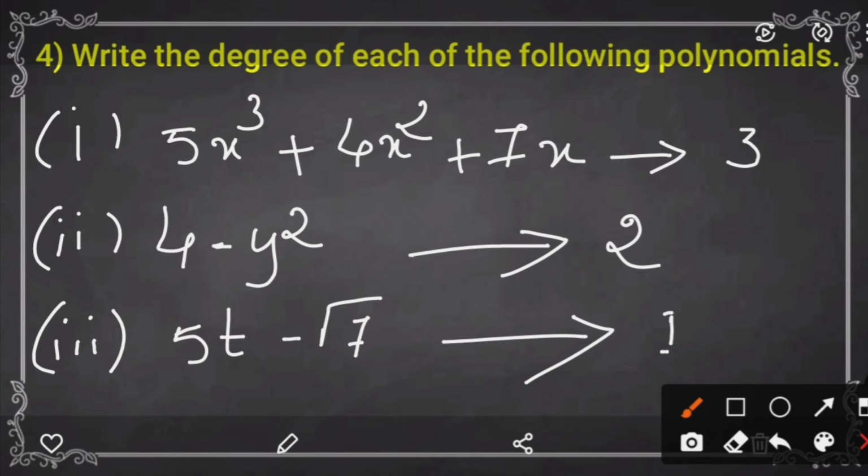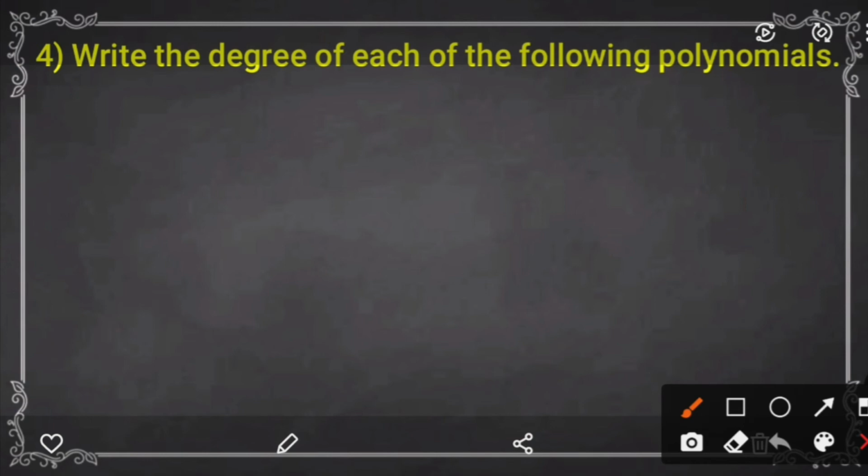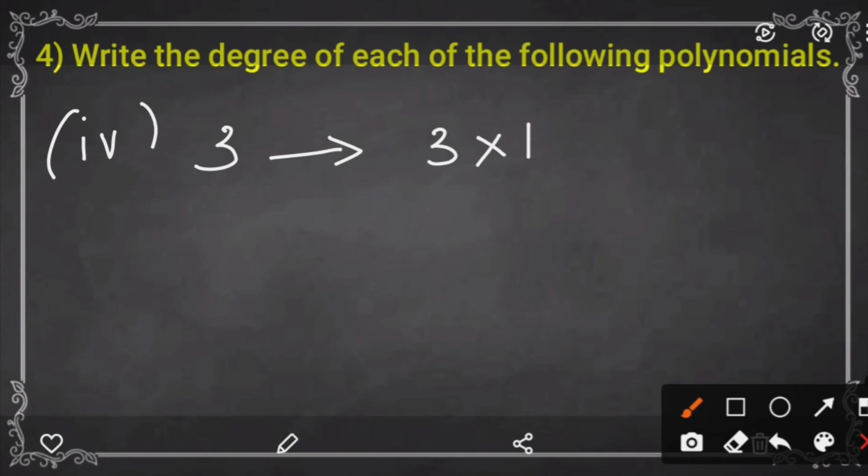Then the fourth one is 3, only 3. What is the degree of this polynomial? The degree of this polynomial is 0. Why is it 0? This 3 can be written as 3 into 1, and 1 is x to the power 0.